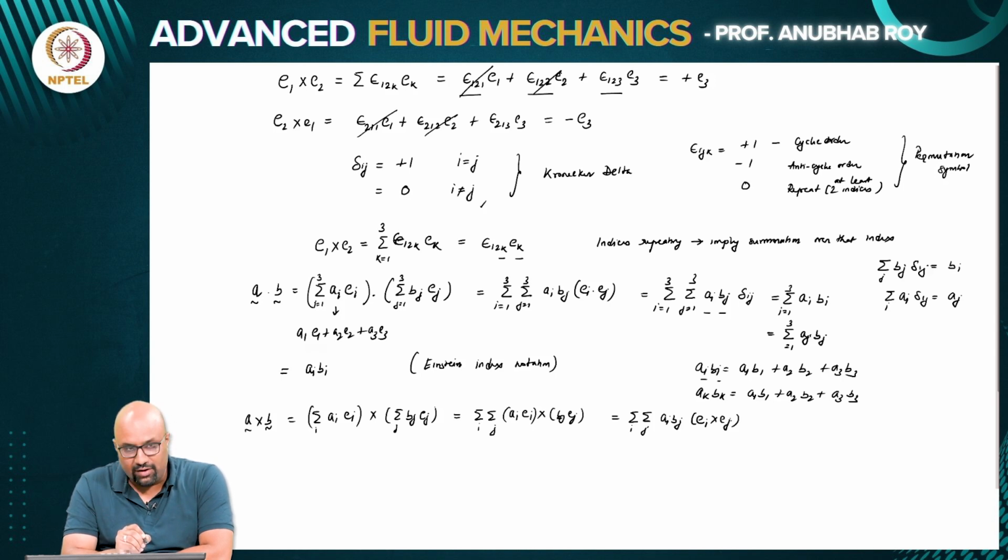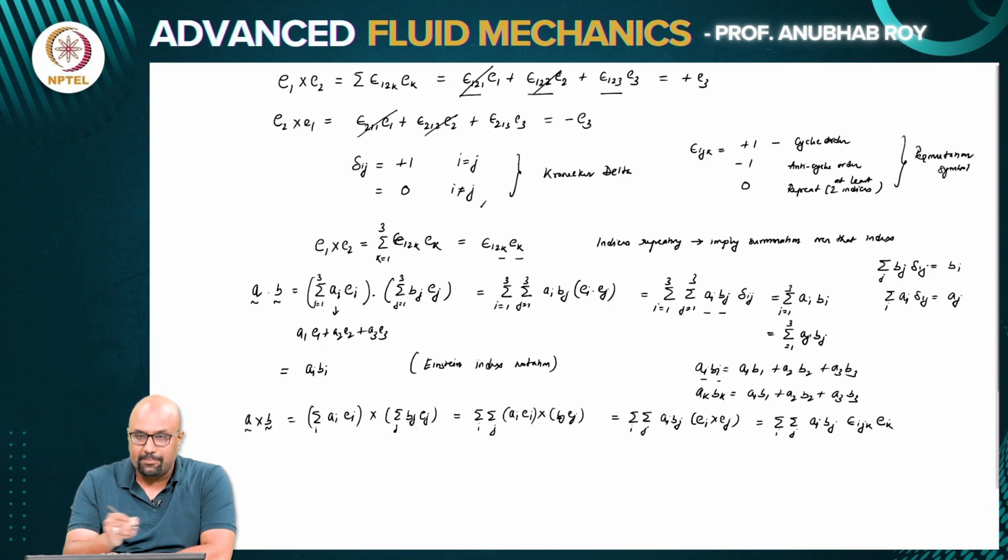So, we have a unit vector along the ith direction and its cross product with a unit vector along the jth direction. We have seen from the relation for the unit vectors that when I take the cross product of a unit vector along the ith and the jth direction, the resulting quantity is epsilon ijk Ek.